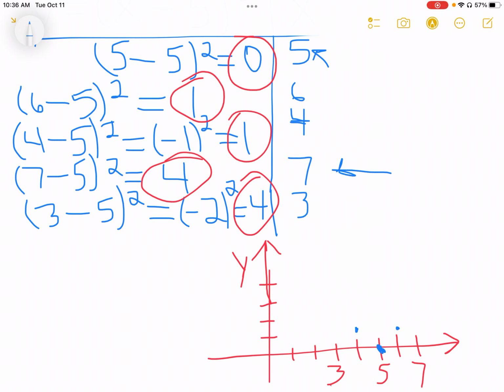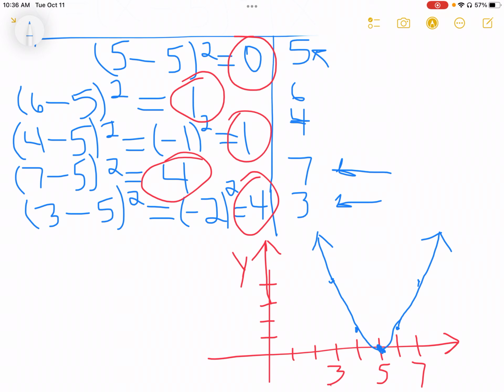So I have x equals 7, y is 4. That's going to be up here. And then x equals 3 here, y is equal to 4. So that means that I'm mirroring this over here. So now, if I connect these, I'm going kind of like this, like this, okay?